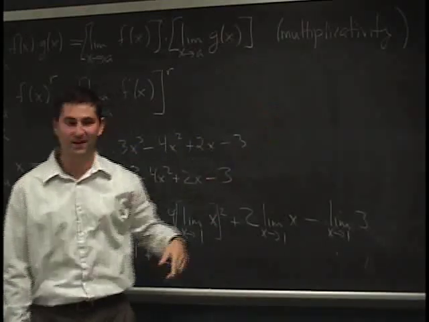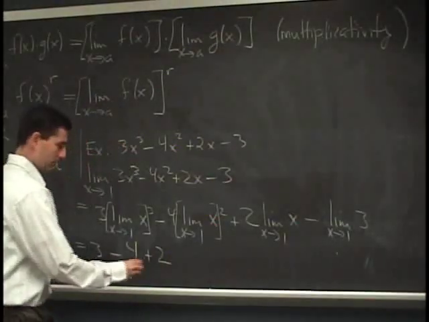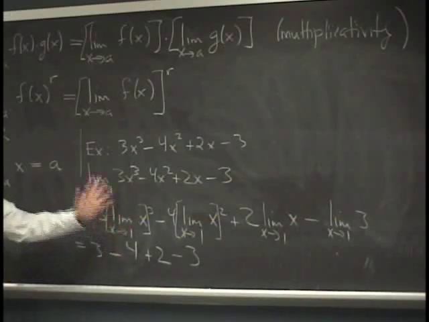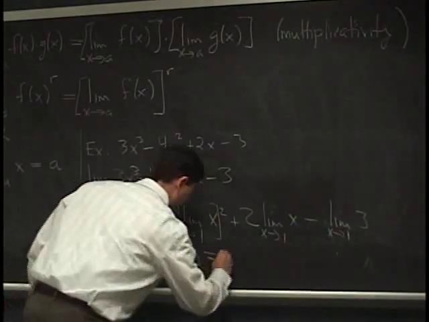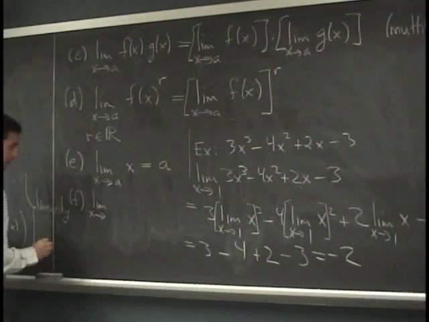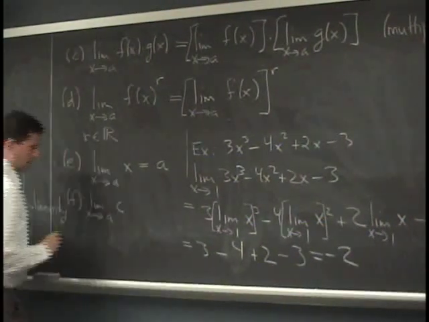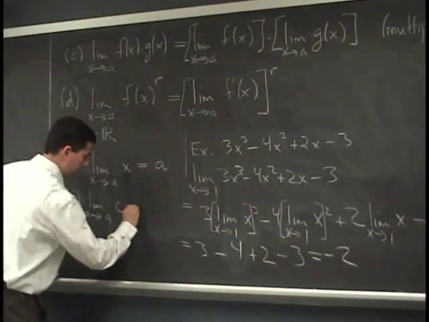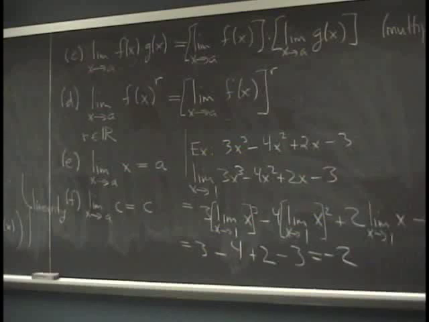The target is always 3. It always wants to attack 3. So then this is just minus 4 plus 2 minus 3. Okay, so let's add to our list a part F, which is the limit as x approaches a of a constant is always the constant.